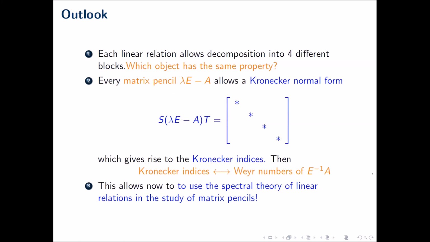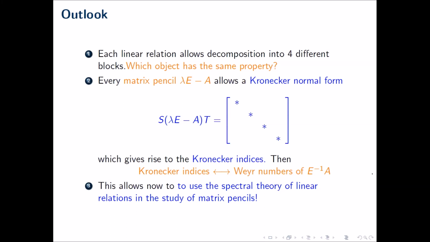For example, what happens if you change the entries a little bit in E and A? Say you make a one-dimensional perturbation. The Kronecker form will not help you, and the Jordan canonical form will not help you, because the perturbed operator has a totally different Jordan form. Of course, it's well understood what happens, but just to explain.